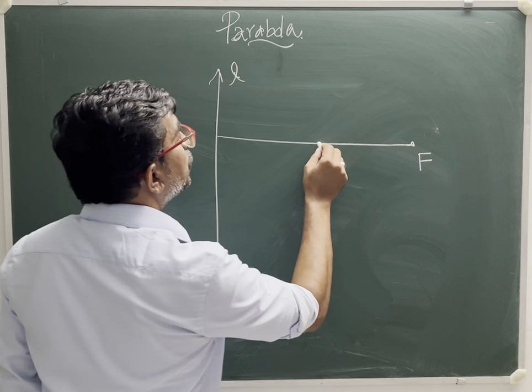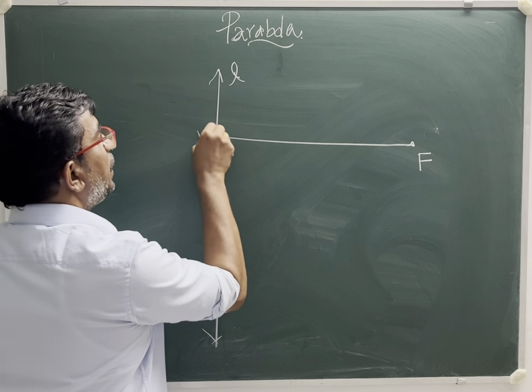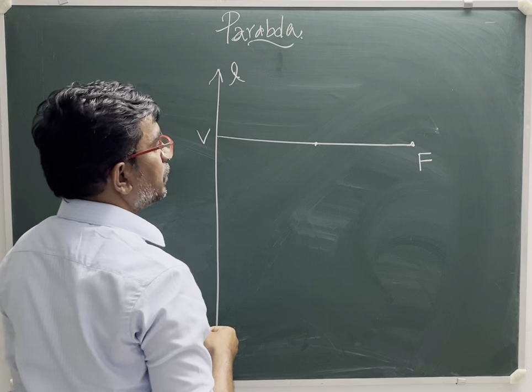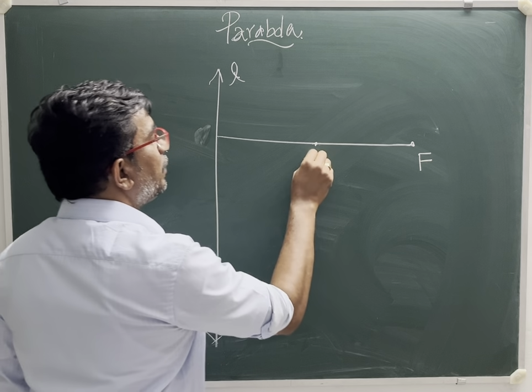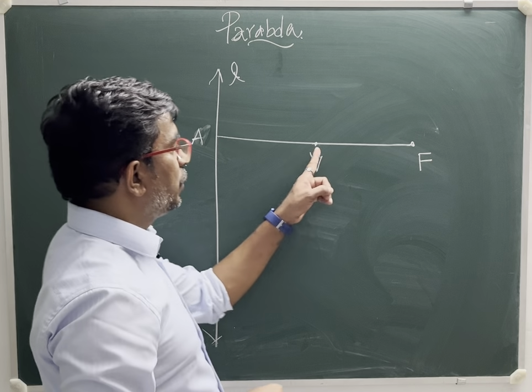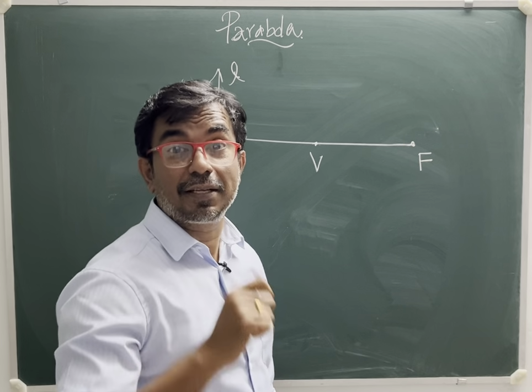Now I want to choose the midpoint of this. Let me name the midpoint V, and this foot of the perpendicular, let me name it A. So this is the midpoint. Now the first part of that definition is satisfied.